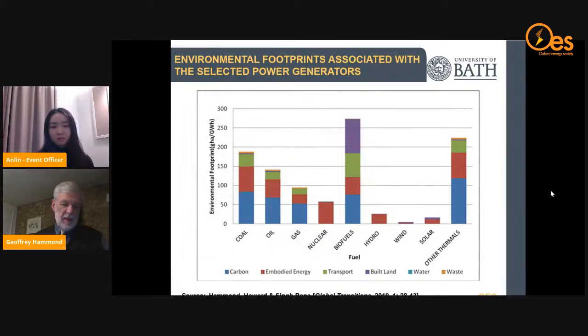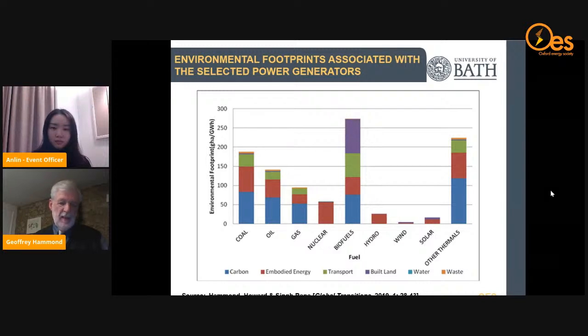And if you look at each of those components, you look at them in this case for different sorts of power technologies. So on this slide, we've got both large-scale technologies. So on the far left, you've got coal, but also oil, but we don't use very much nowadays, gas, nuclear. And then in the middle there, you've got biofuels. And again, this is an example that people, before we did this research, may not have realized that in the case of biofuels, obviously you're using a lot of land in order to grow the biofuels.